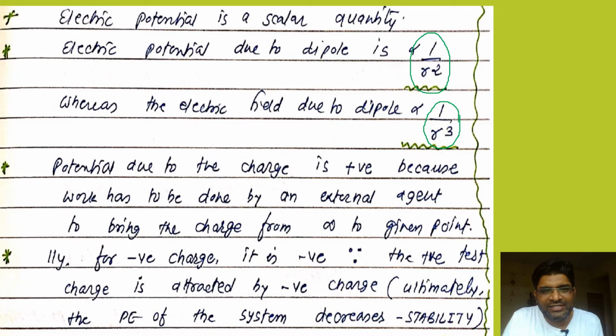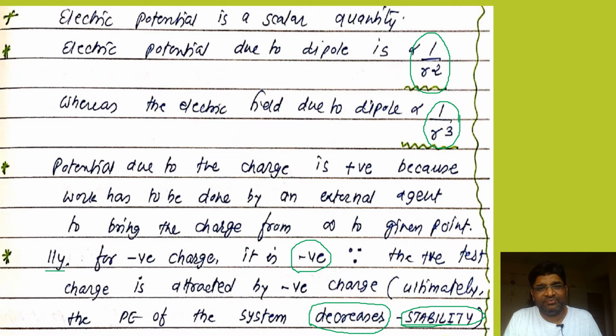Lastly, similarly, for a negative charge, the potential is negative. That is, the test charge is attracted by the negative charge. The negative charge here is your source charge. So when you bring a positively charged charge Q0 from infinity to the proximity of the negative charge, ultimately there is an attraction and the potential energy of the system decreases and the system goes towards stability.